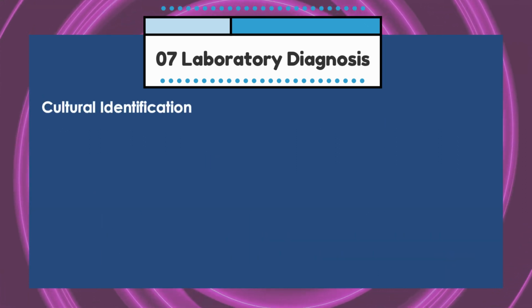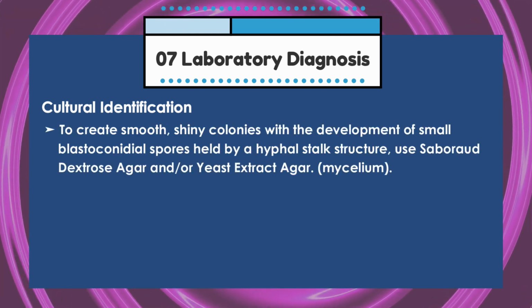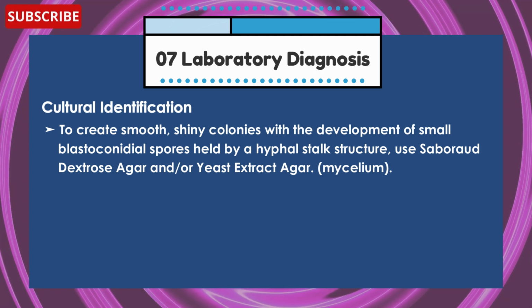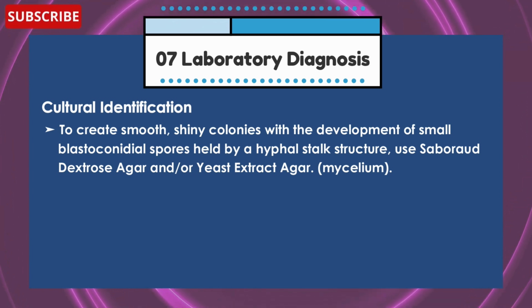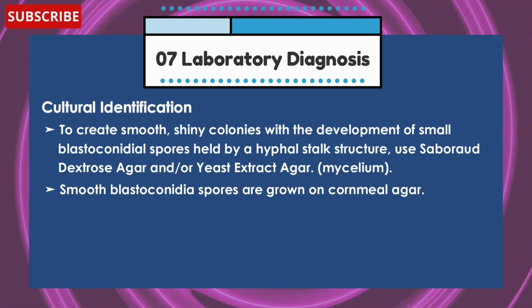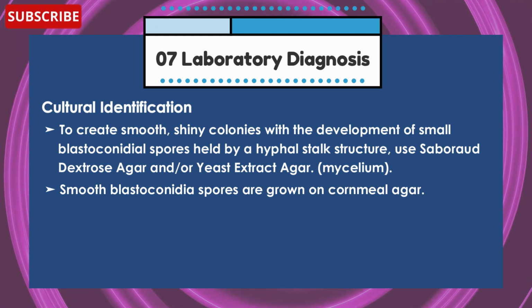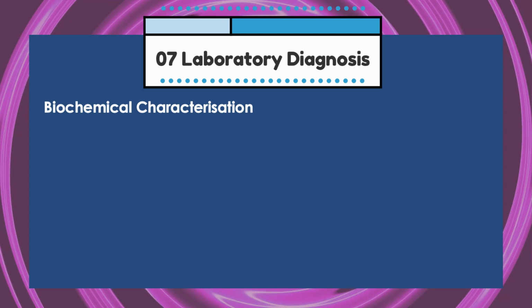Cultural identification. To create smooth, shiny colonies with the development of small conidial spores held by a hyphal stalk structure, use Sabouraud dextrose agar and/or yeast extract agar. Smooth blastoconidia spores are grown on cornmeal agar. Next, biochemical characterization.